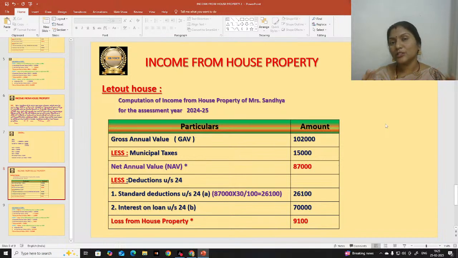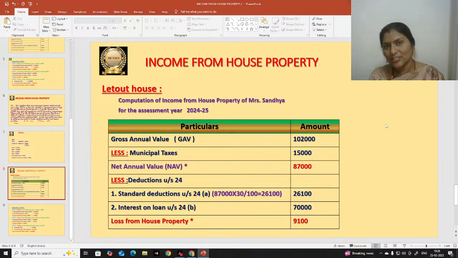Here in these two problems we focused on unrealized rent. Assessee is not receiving some months rent, few months rent. It may be 1 month, 2 months rent. But in our problems, we actually came across with 1 month rent only. Assessee could not receive 1 month rent from the tenant. So whenever assessee is not receiving any rent, it is treated as unrealized rent.